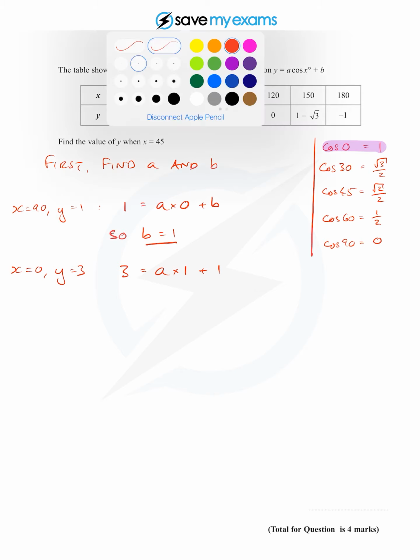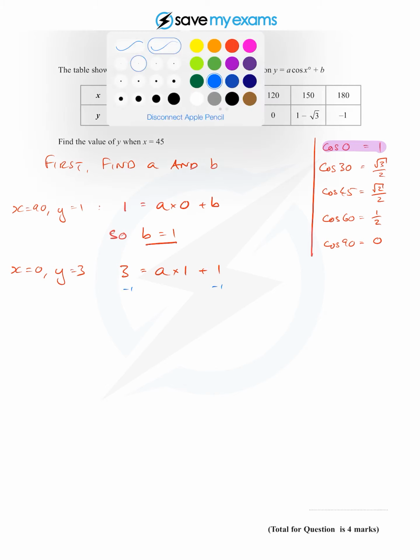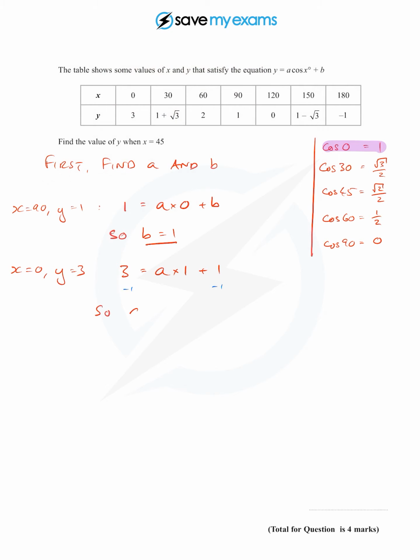And so I've got a times 1, which is a, plus 1 equals 3, and if I subtract 1 from both sides, I get a equals 2 very quickly. So I now know that y is equal to 2 cos x plus 1. Great. That will now allow me to find y when x is 45.